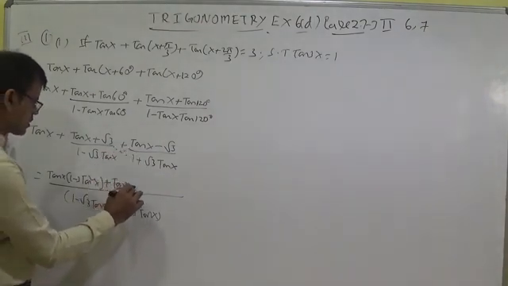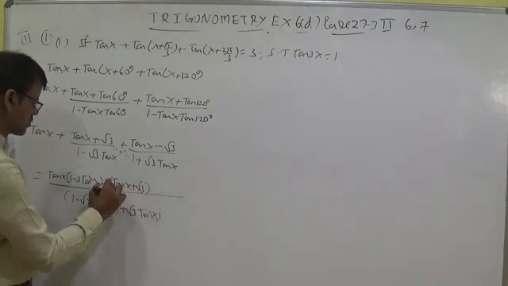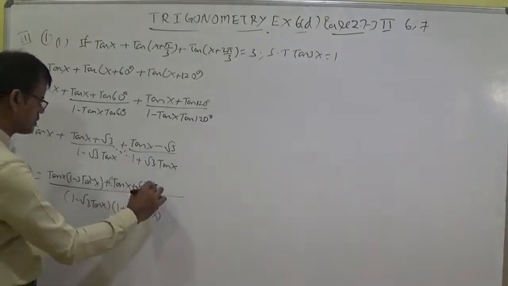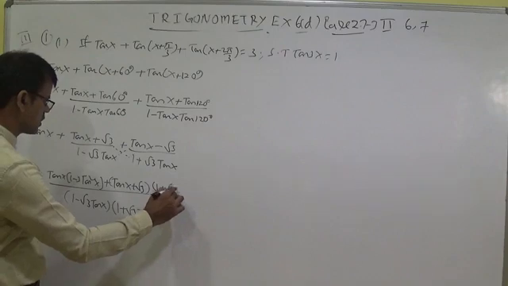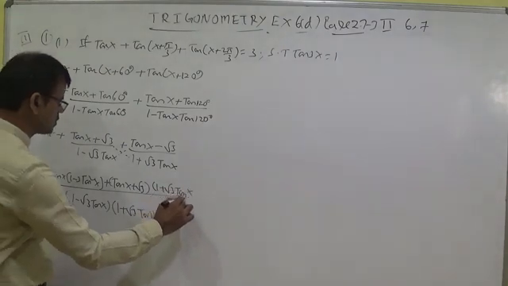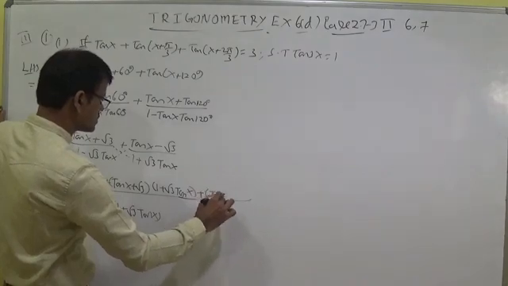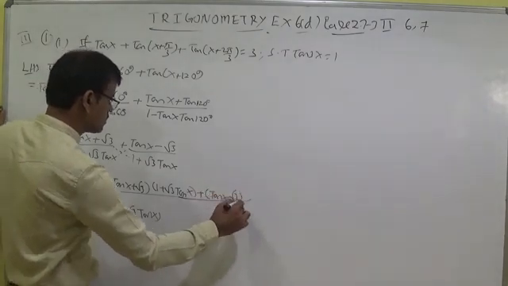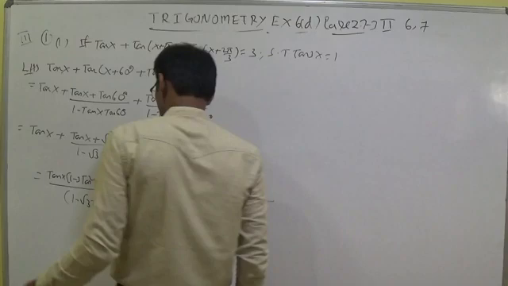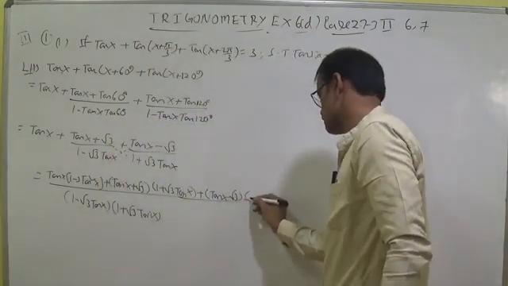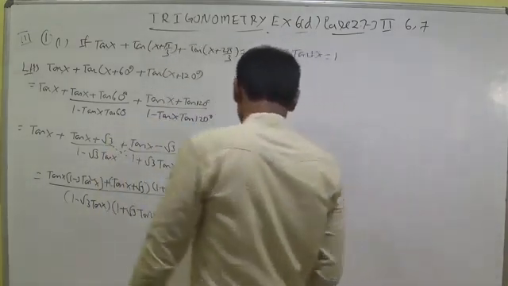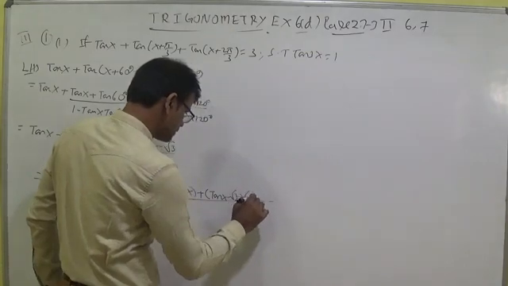So write that (tan x plus root 3) into (1 plus root 3 tan x), put a bracket here, plus (tan x minus root 3) into (1 minus root 3 tan x) into (1 minus root 3 tan x).